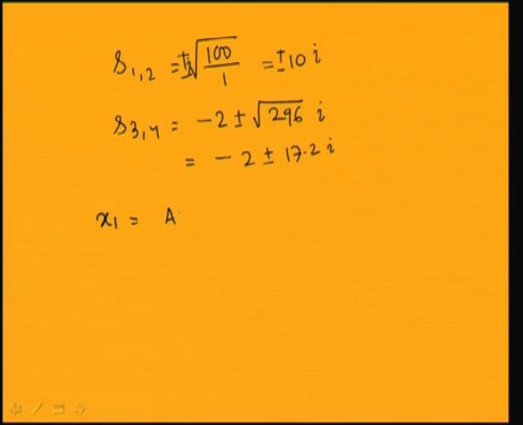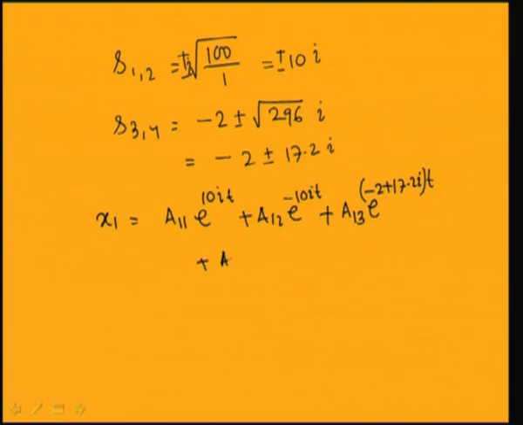x1 equals a11 e to the power 10 i t plus a12 e to the power minus 10 i t plus a13 e to the power (minus 2 plus 17.2 i) t plus a14 e to the power (minus 2 minus 17.2 i) t.